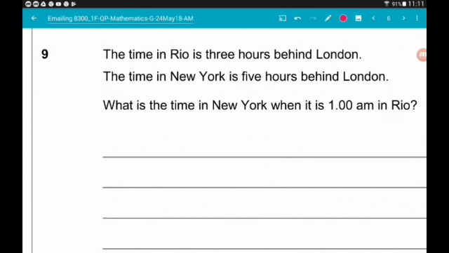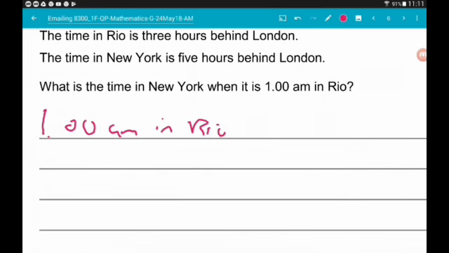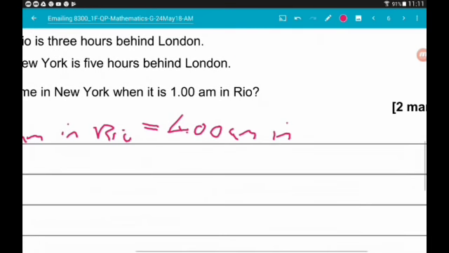So, 1 AM in Rio, well, that is 3 hours behind the time in London, so that is equal to 4 AM in London.